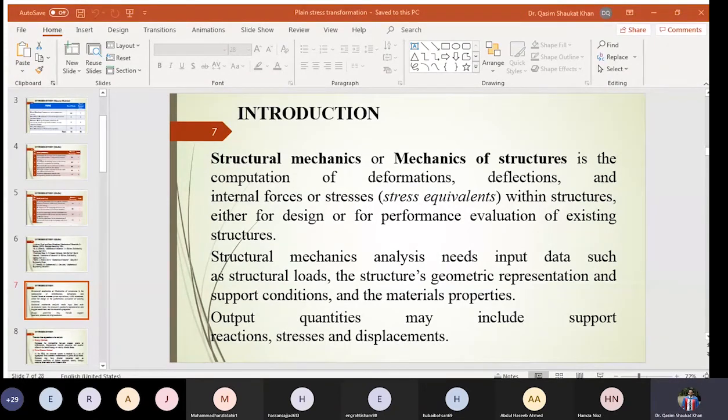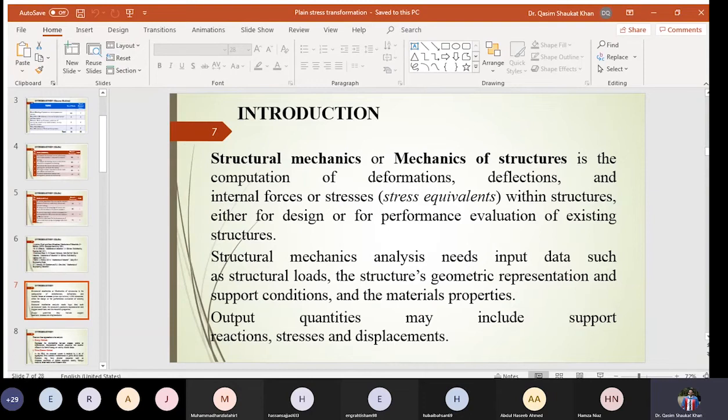So here we have to calculate those stresses and the forces so that those stresses and forces can be used for the design of the structure. So in this mechanics of structures, basically it's analysis. In analysis we compute the deformations, deflections, we compute the internal forces, stresses, and then based on those deformations and the stresses, you will design the structure.